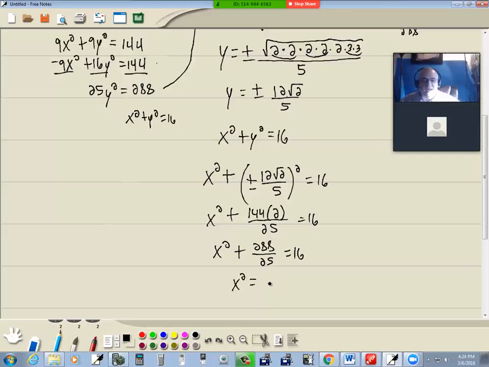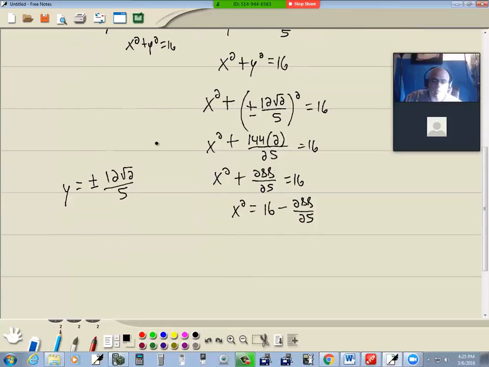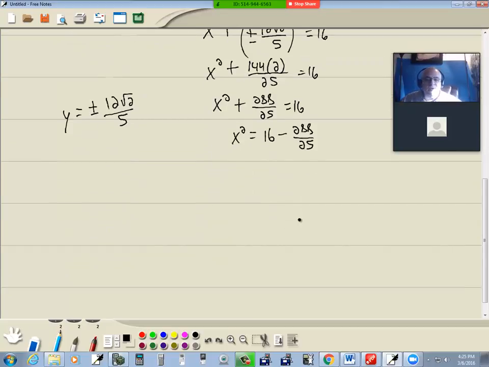Take the 288 over 25 to the right side, and we got 16 minus 288 over 25. Then we want to get a common denominator. So we're going to have 25 as our common denominator.